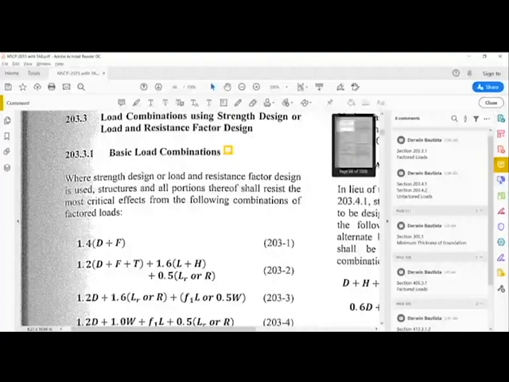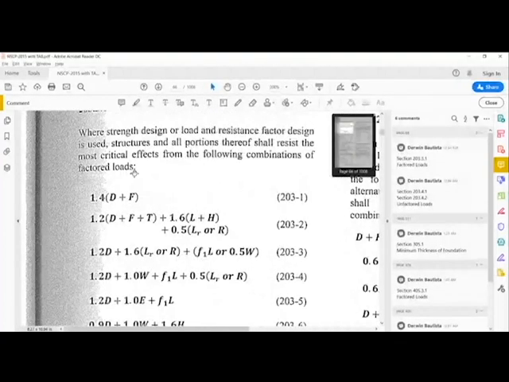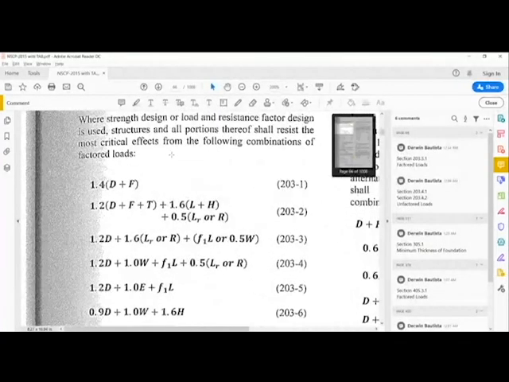So this is written from section 203.3.1 regarding factored loads. Okay, so let me show you again. So this is the basic load combination for strength design or load and resistance factor design.